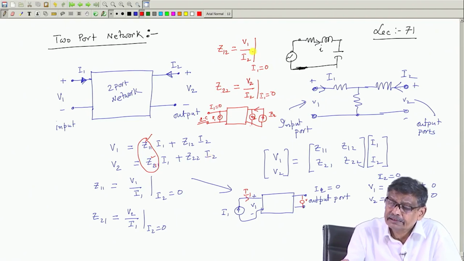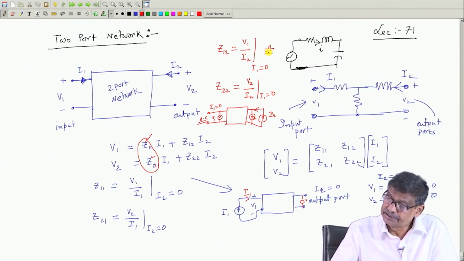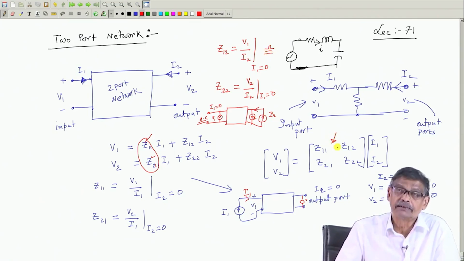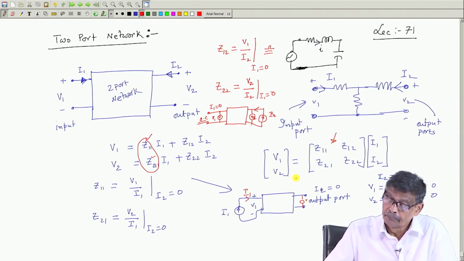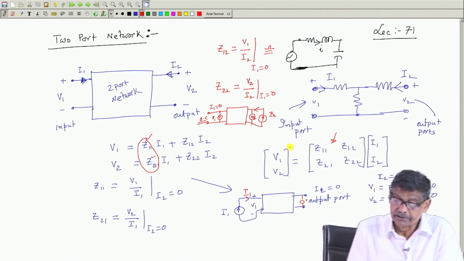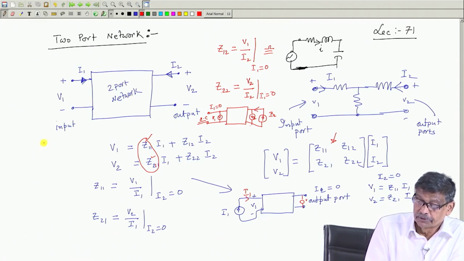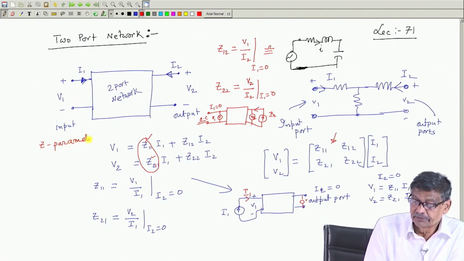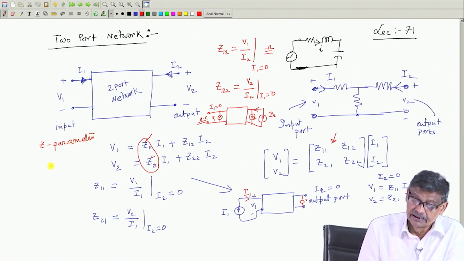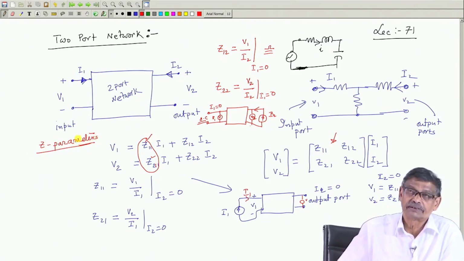And as you can see, the dimensions of these quantities are known. So, this matrix of parameter values is called the Z parameters. This popular method of representing a 2-port network is called the Z parameters of the network.